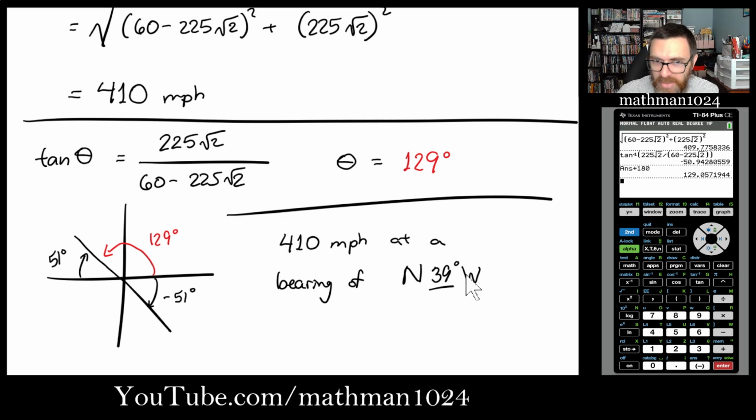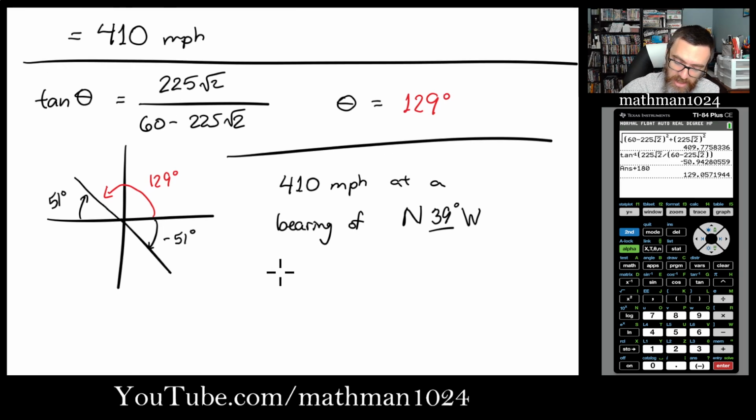Another way that you can say that, though, when you do actual bearing, is that we start at north. So you say this is a bearing of, you start here and you go all the way around to this guy. So if you were to wrap around to that, 90, 180, 270, plus 51.